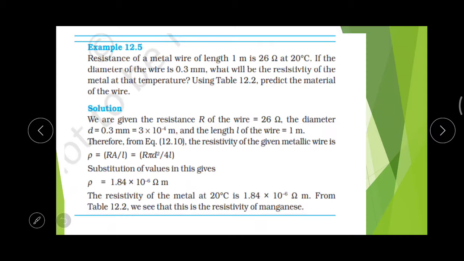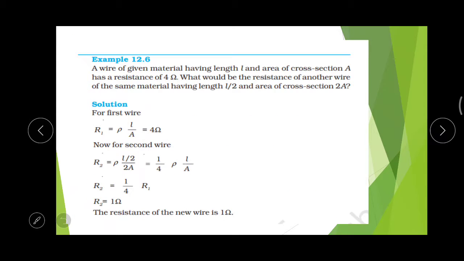Now come to the next question, that is 12.6. A wire of given material having length L and area of cross section A has a resistance of 4 ohm.